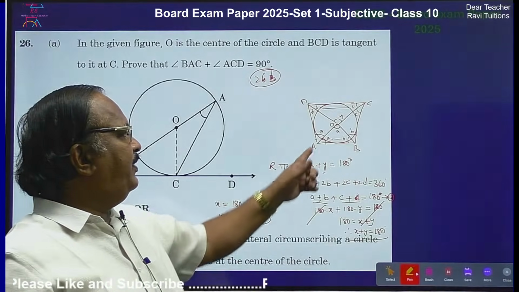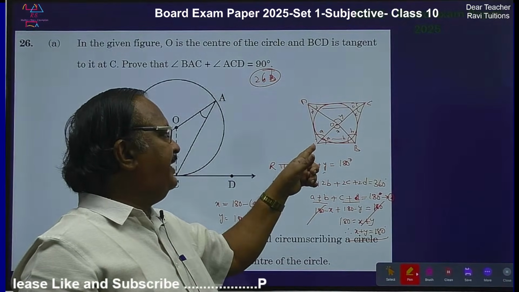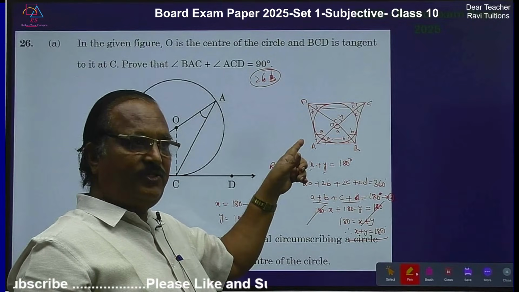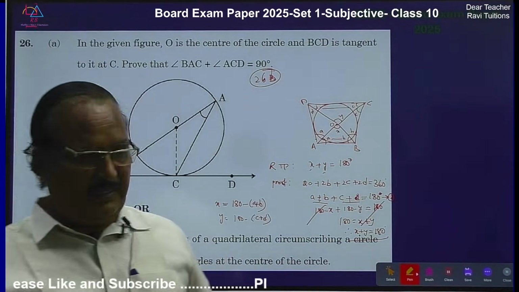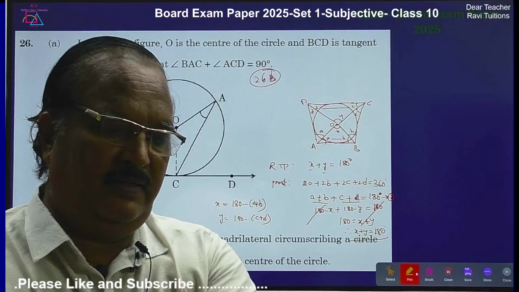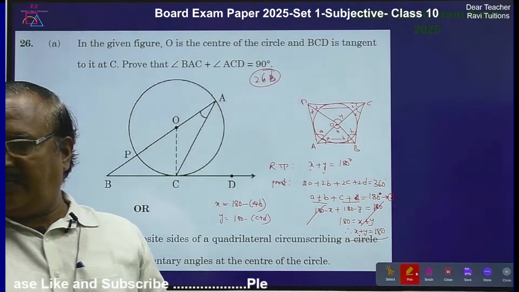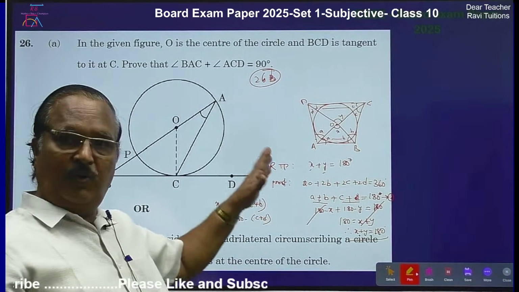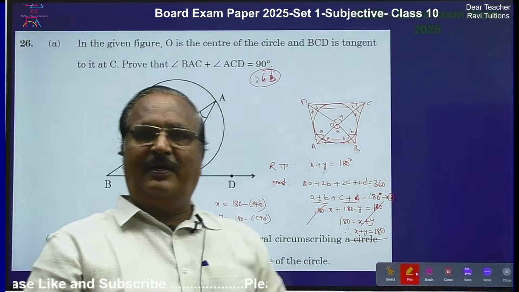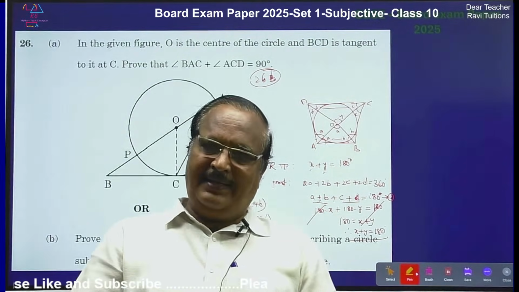We have applied only this here, and I have written directly that OA is bisecting angle A. That also you should know. So be careful, and because you have time, this is just December 9th.